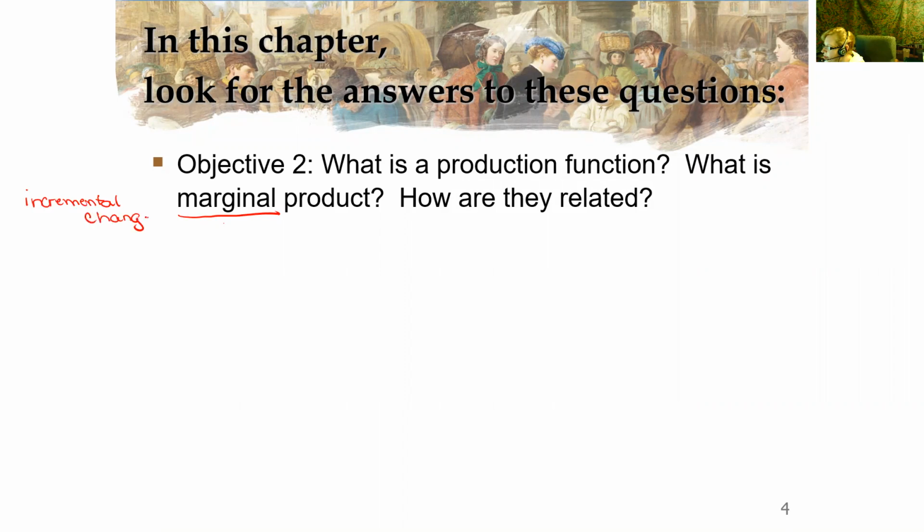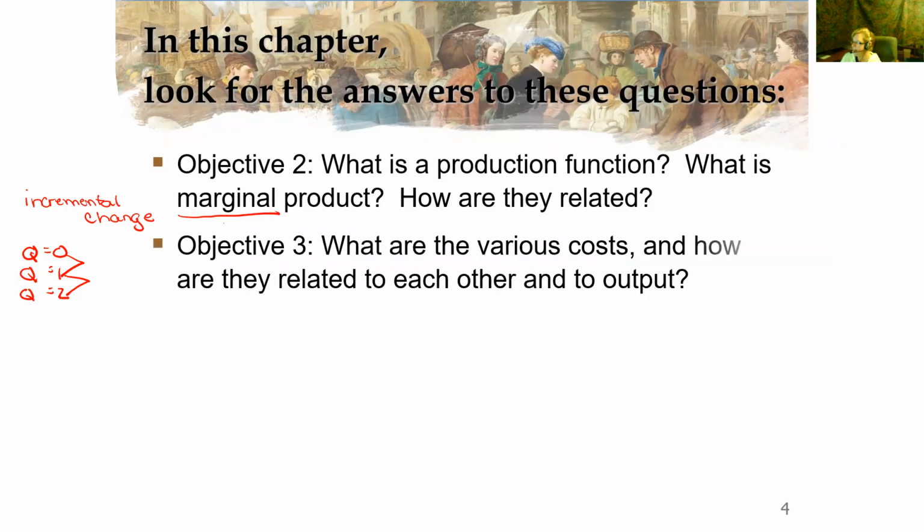So we're very interested in this particular chapter in how costs change as I move from a quantity of nothing to a quantity of one to a quantity of two, and how my costs change in between these. So that's where we get this idea of marginality. In the third objective, we're going to look at various types of cost, and this is where we rely on our accounting backgrounds, and we're going to look at classification of cost.